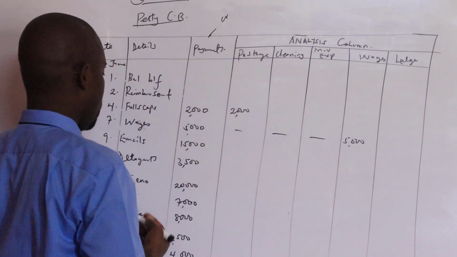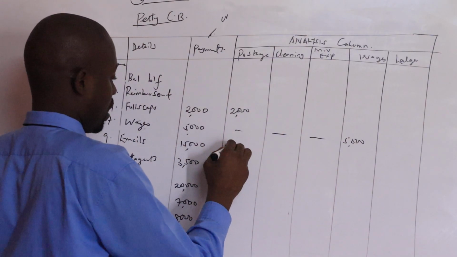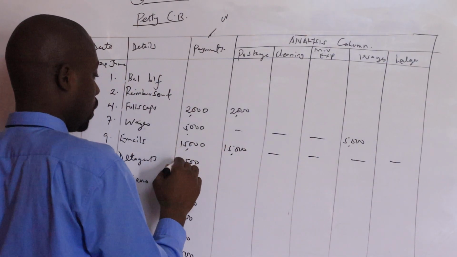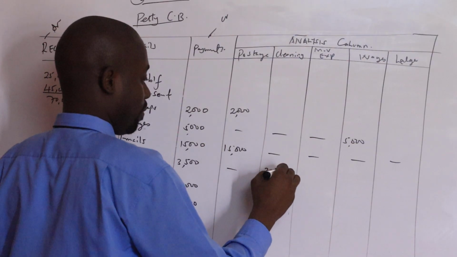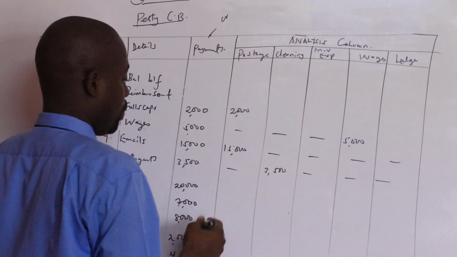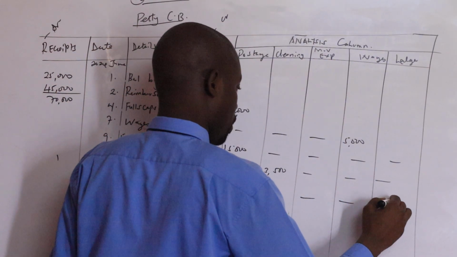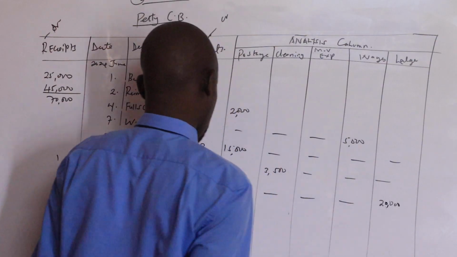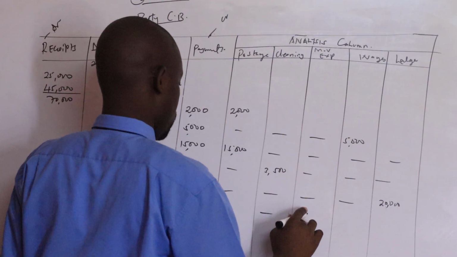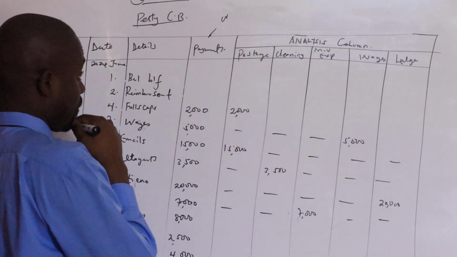Emails are like letters or electronic mails. So we'll have it recorded in this column. And then detergents are for cleaning, so we record under cleaning column. We had Otieno, a creditor, who is being paid through petty cash. So we record this amount in this column, 20,000. And then we have fuel. Fuel is for motor vehicle, that is 7,000. We have envelopes. Envelopes, that's for postage.